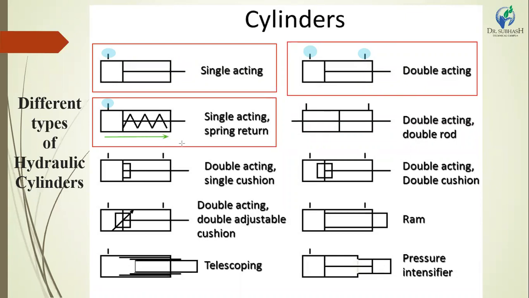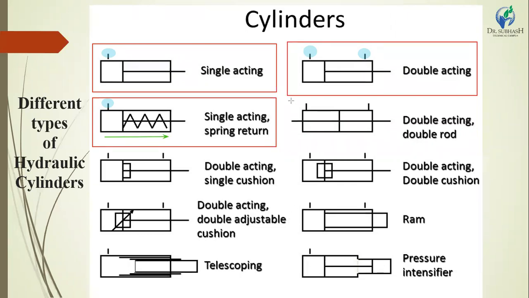But what is the condition for return? No piston cylinder arrangement can move itself back. You have to give some parameter for its return, like gravity return. Here a spring return is given.